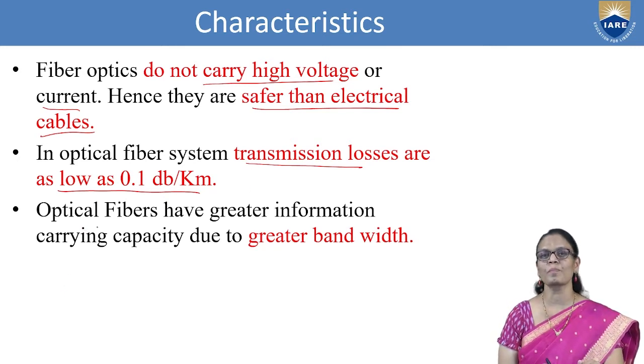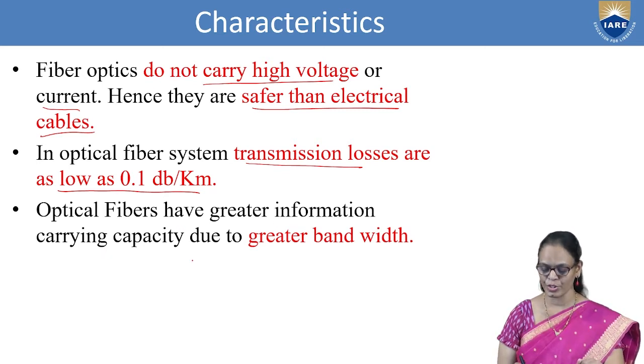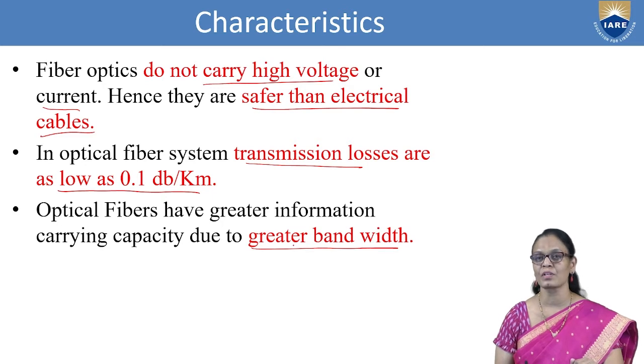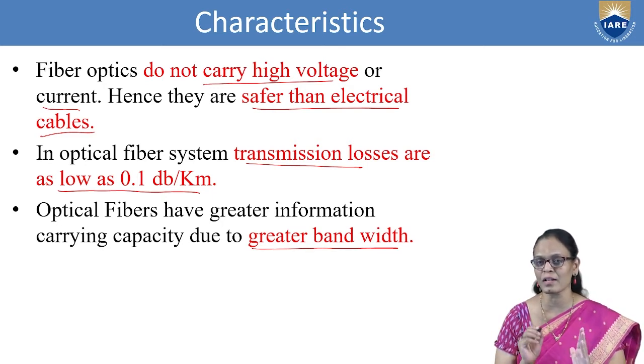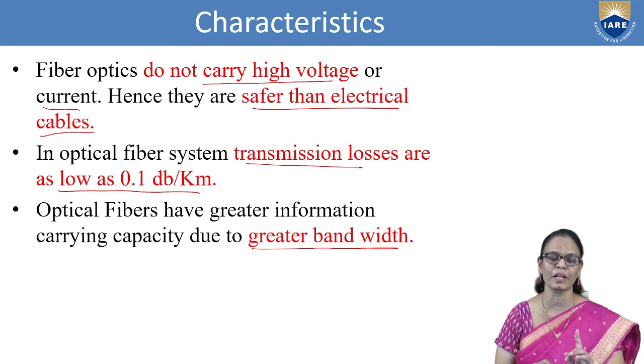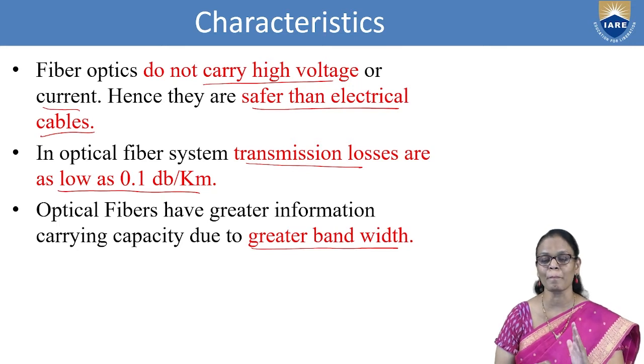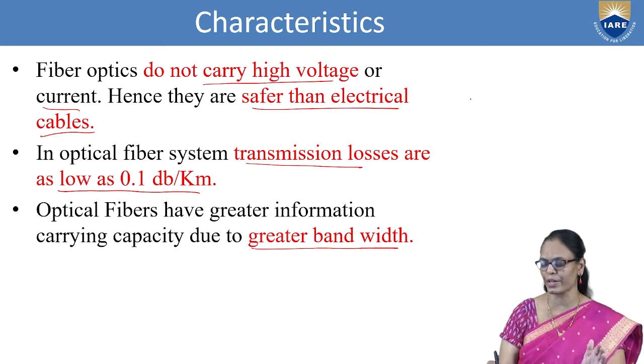And also optical fibers have greater information carrying capacity due to greater bandwidth. So through one optical fiber, we can send a large amount of information. And in many cases, we can use one single optical fiber to send many signals. So it is also important to understand how many signals can be sent through one optical fiber because it has a large bandwidth.